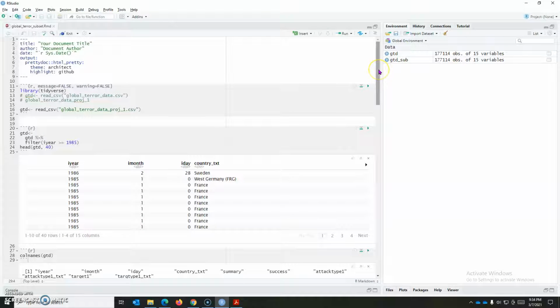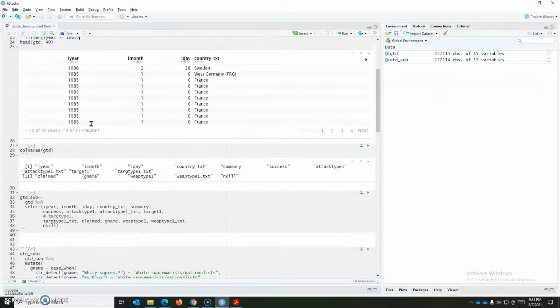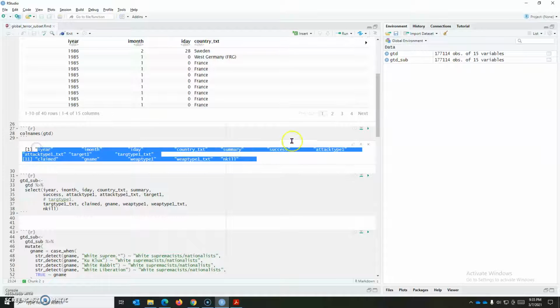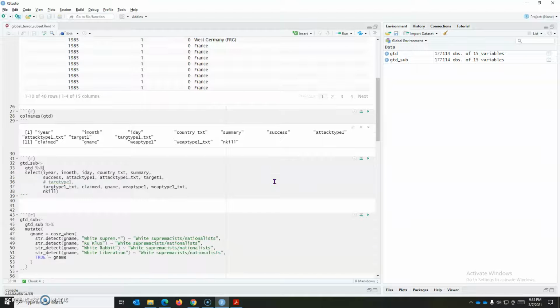First, because of the nature of the large data set, we used R Markdown to filter the year from 1985 and 2019, which is half of them, and also only select 15 variables of interest to us, and ignore all the rest of the detail.